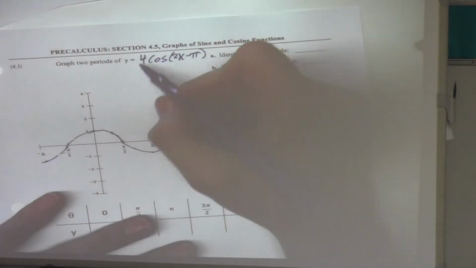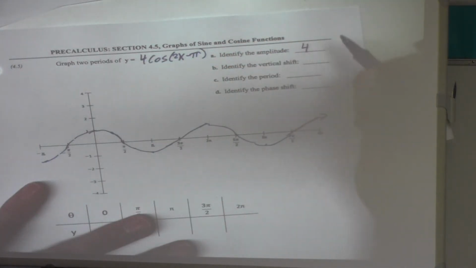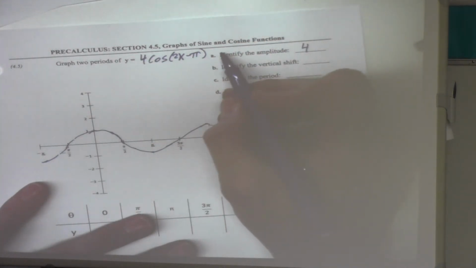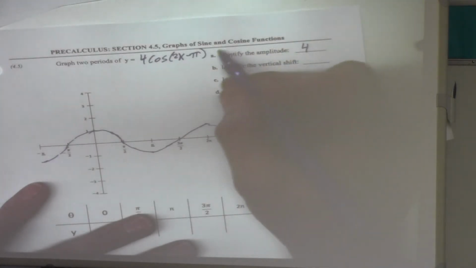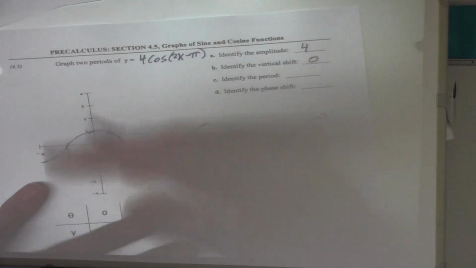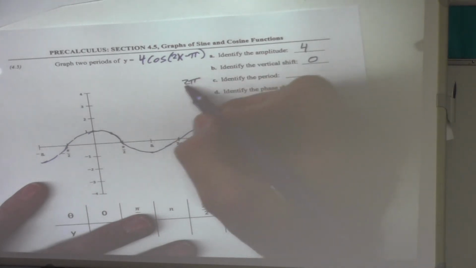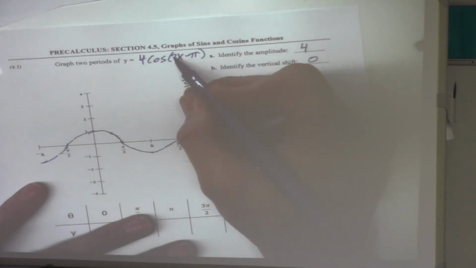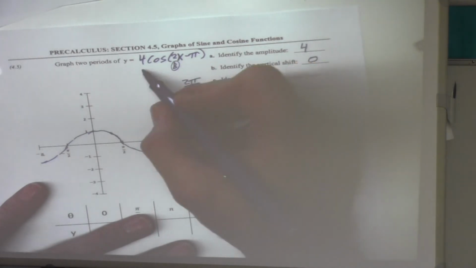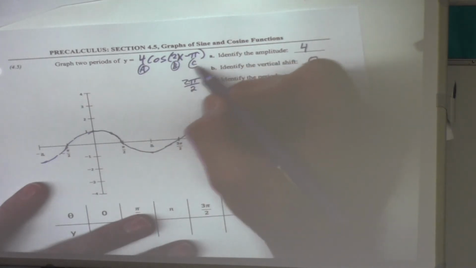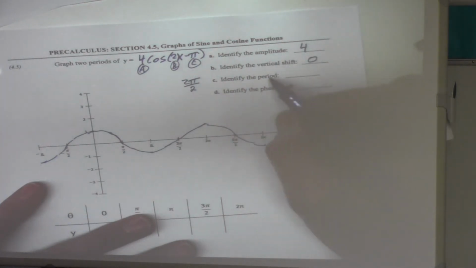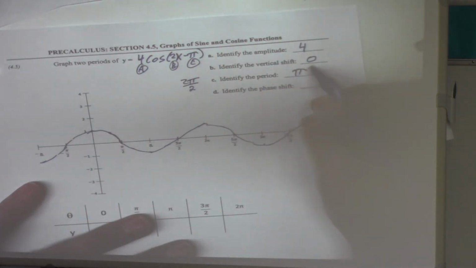So the amplitude is the absolute value of A. The vertical shift at the end, there isn't one. There's nothing adding or subtracting, so we're not going to be shifting it up or down. The period is 2 pi over, there is a 2 here, so we put that 2 there, that's the B. Right. A, B, C, and there's no D. So that means the 2's cancel out and the period is pi.